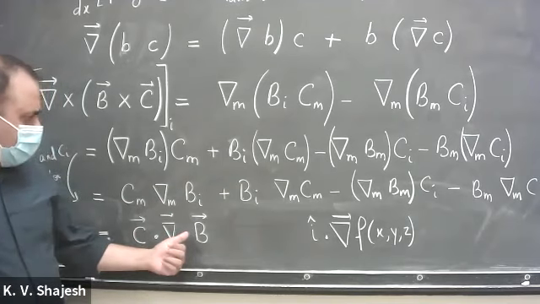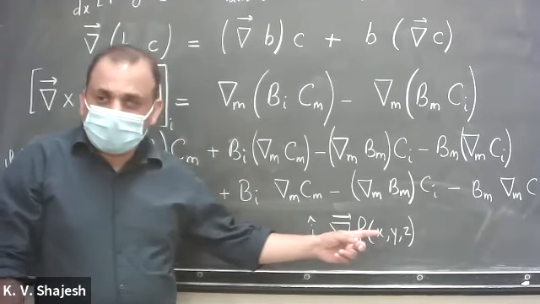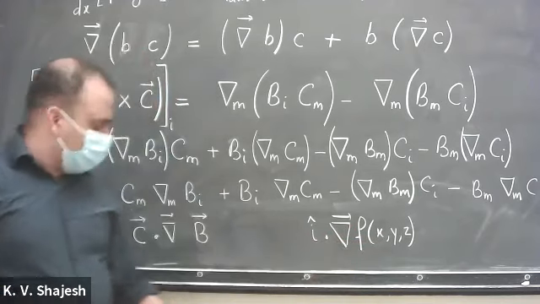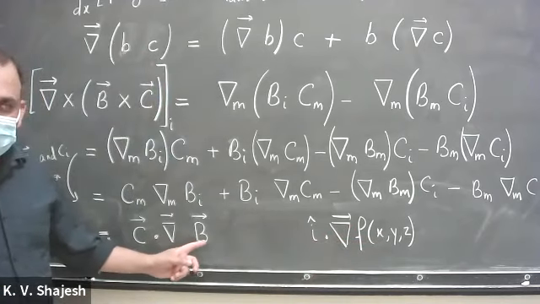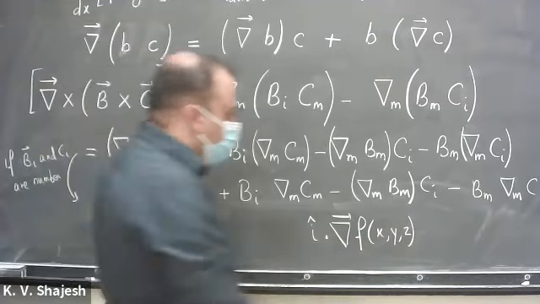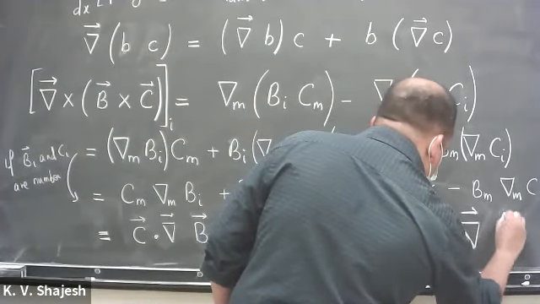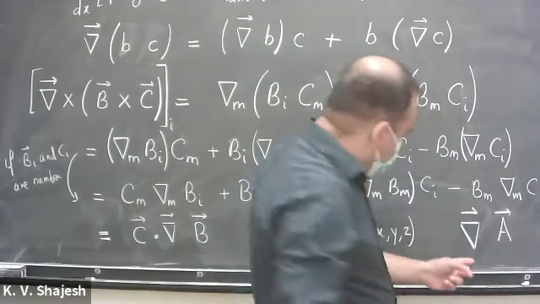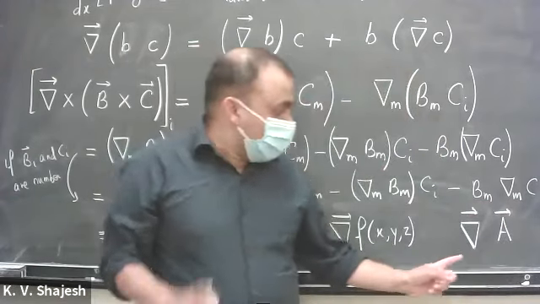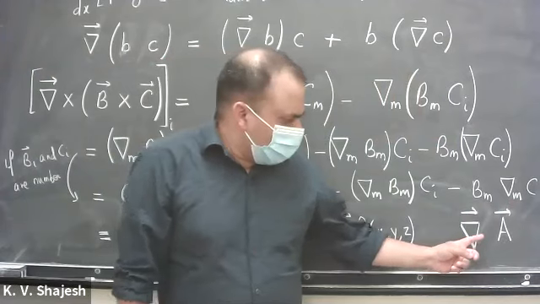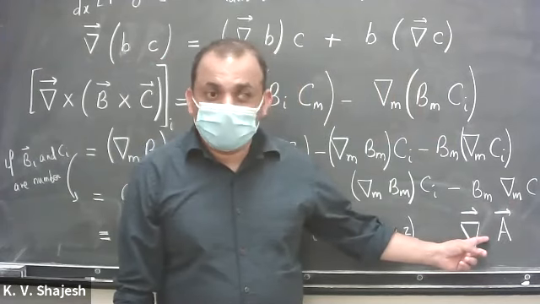This is more than a gradient, in the sense that the gradient operator acts on a scalar, right? This is acting on a vector. So maybe I should say, what is the gradient of a vector? Let's say A. Notice I did not put an operation there, right?